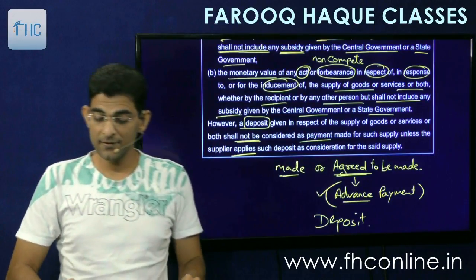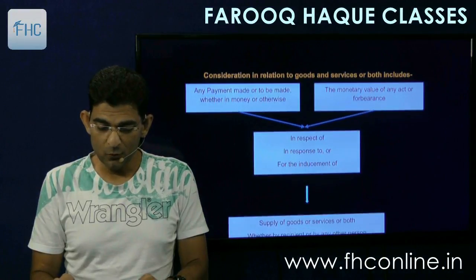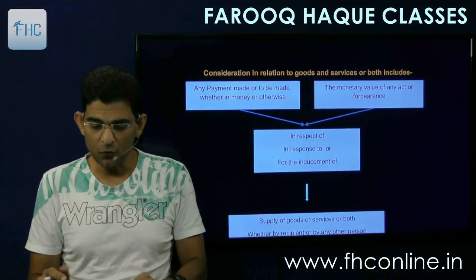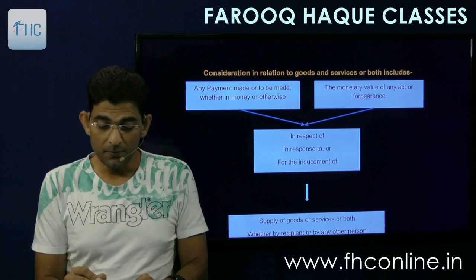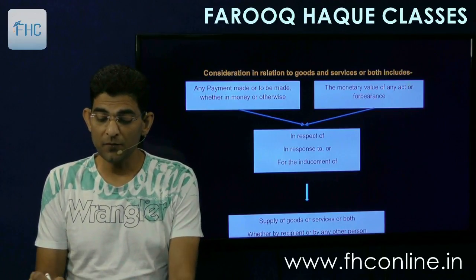Okay? Very good. So that is the definition of consideration, also explained in a simple chart form. Any payment made or to be made, whether in money or otherwise, and monetary value of act or forbearance.